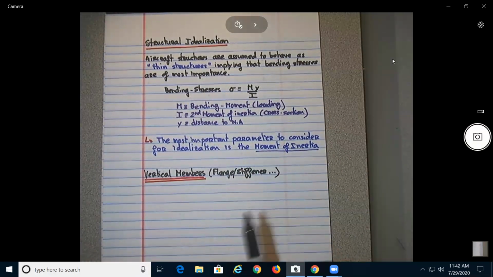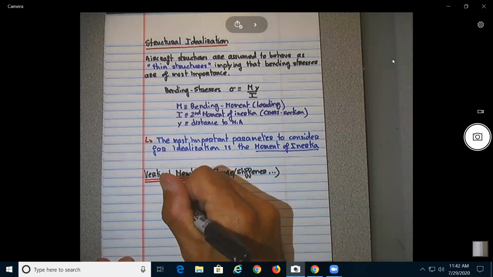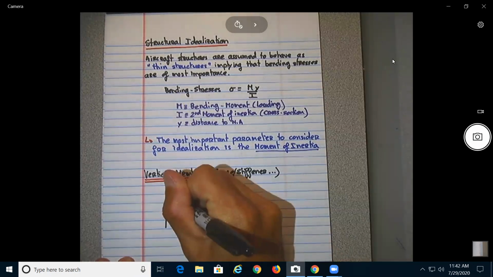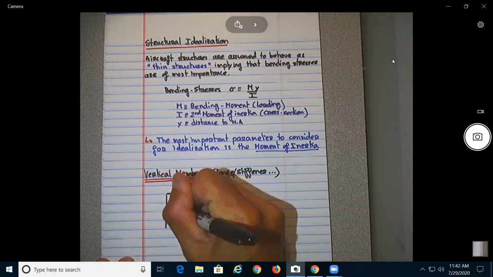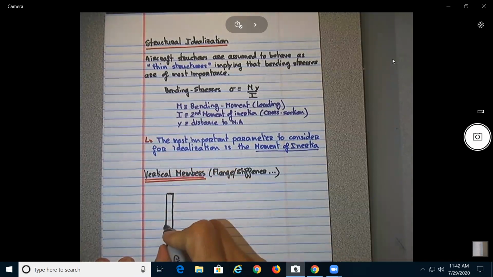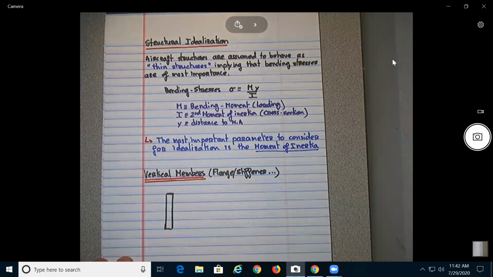So over here, what are we trying to do? Say this is our real member, okay? Our real structural member. And we want to idealize this one.